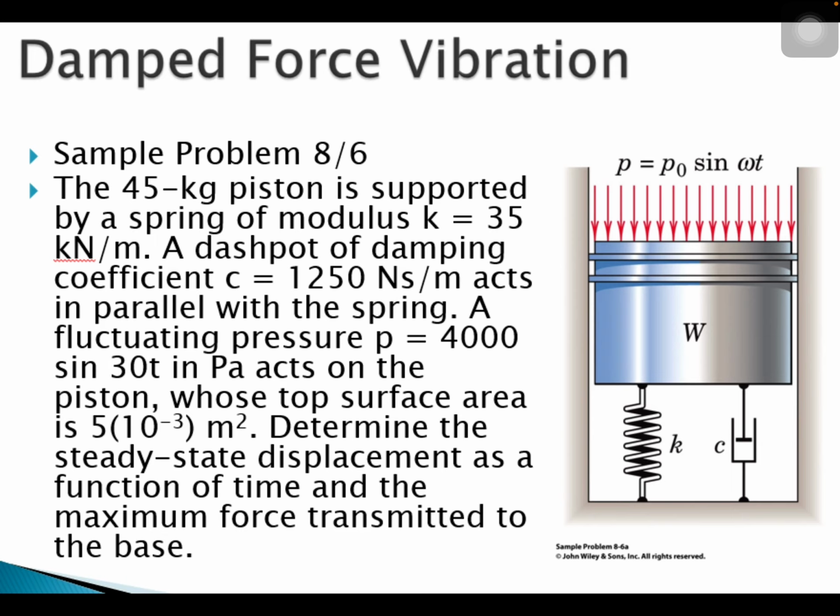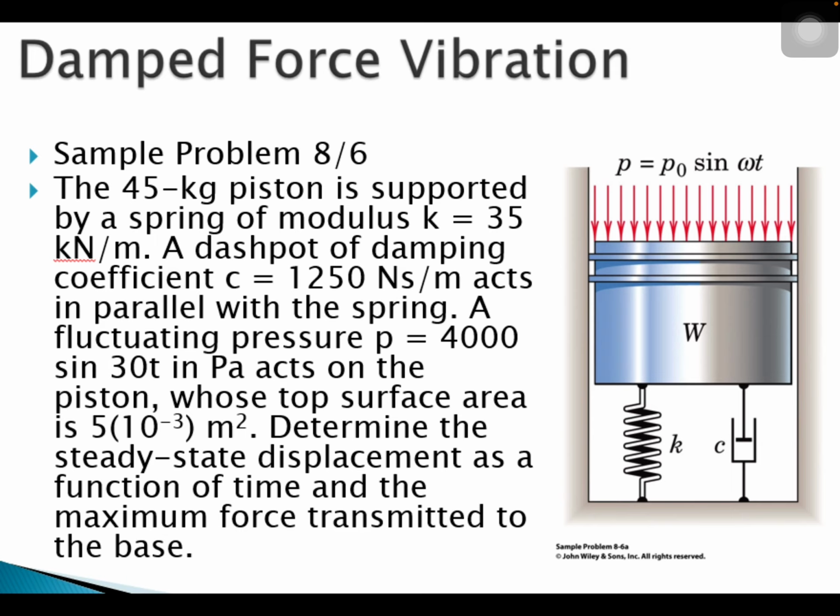The question is, we have a 45 kilogram piston supported by a spring of modulus K equal to 35. Now we can see that we have kilonewton for the spring stiffness modulus. So we need to change it into 35,000 Newton per meter.